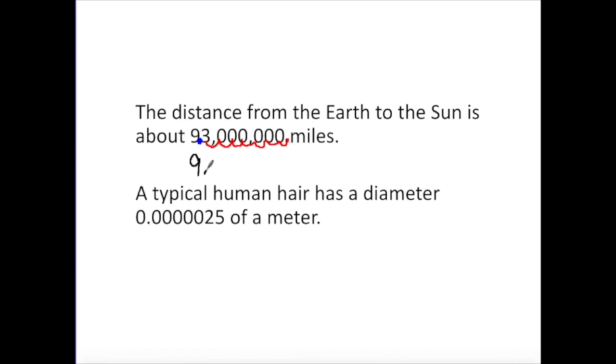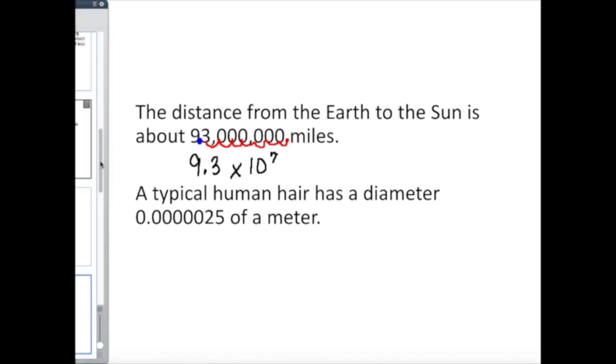So we know that in this case, it's 9.3. And it's the product, that means multiply, of a power of 10. And in this case, it's 1, 2, 3, 4, 5, 6, 7. All right. So that is 93 million miles in scientific notation, 9.3 times 10 to the 7th power.